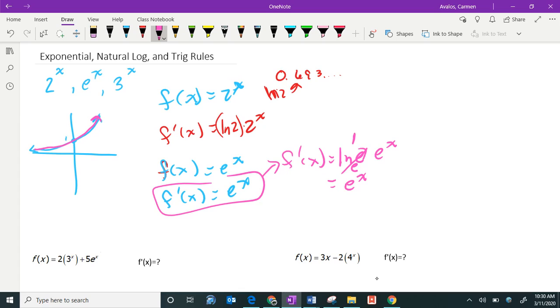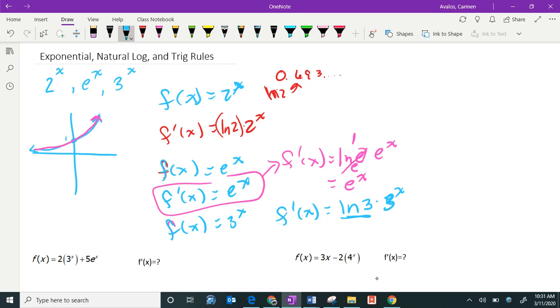Now, what's happening to the 3 to the x? If we have the derivative of 3 to the x, it's still going to be stretching or shrinking. So it's going to be ln of 3 times 3 to the x. And when you do that, what is this number?